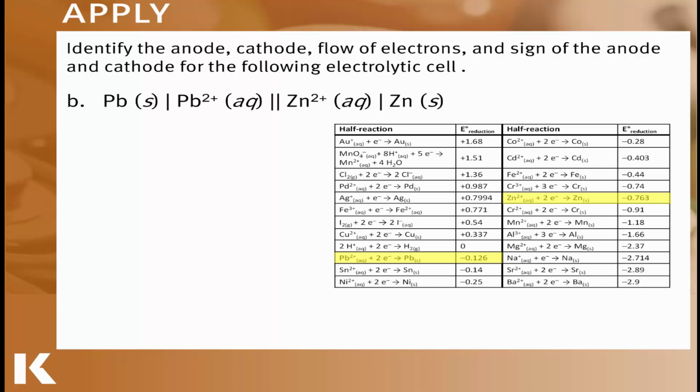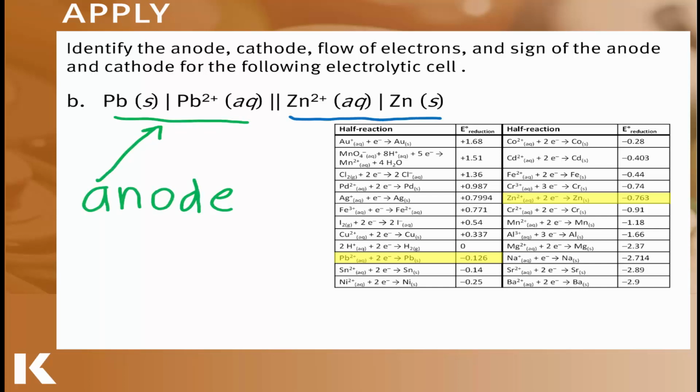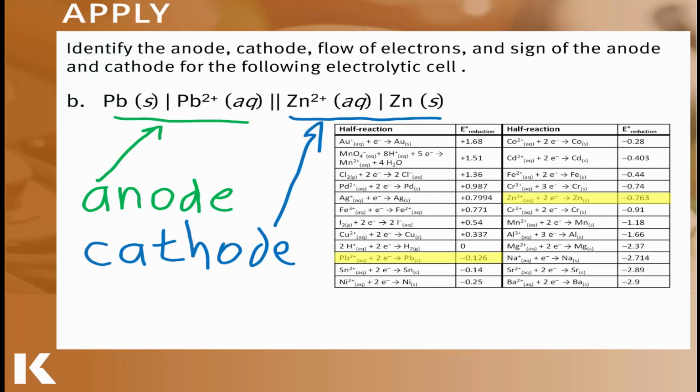Therefore, it is the larger number, the higher number. So therefore, the lead is the anode, and the zinc is the cathode, which means we can assign the flow of electrons, because electrons always flow from anode to cathode. And for an electrolytic system, the anode is positive and the cathode is negative.